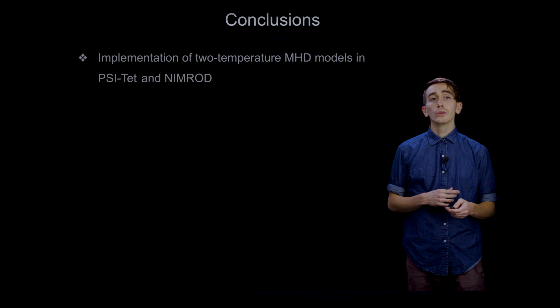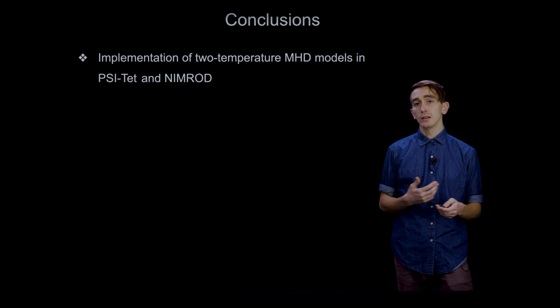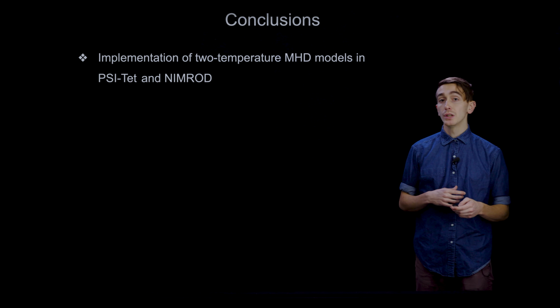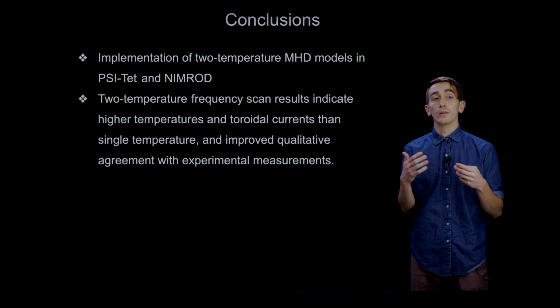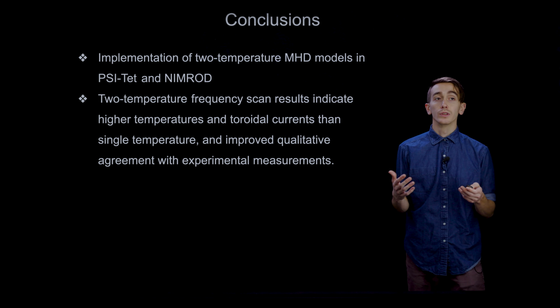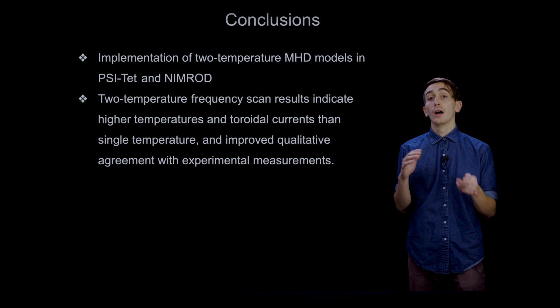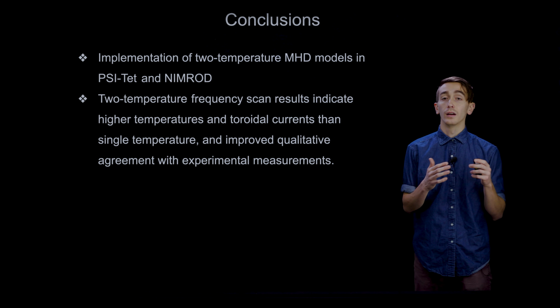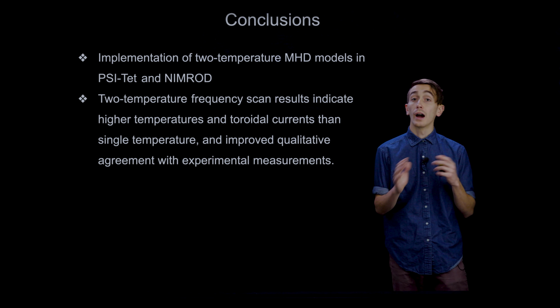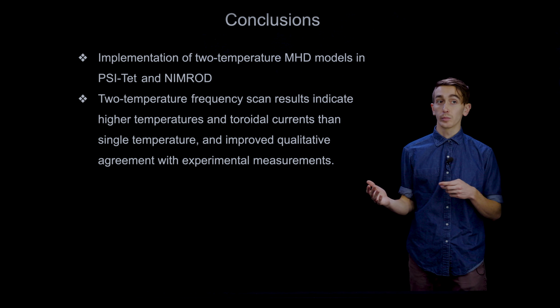So just to conclude, we've implemented these two-temperature Hall-MHD models in our two codes, SciTet and NIMROD. We have two-temperature results, which indicate both higher average temperatures for the ions and electrons, and, I didn't show this, higher toroidal currents than the single temperature model.